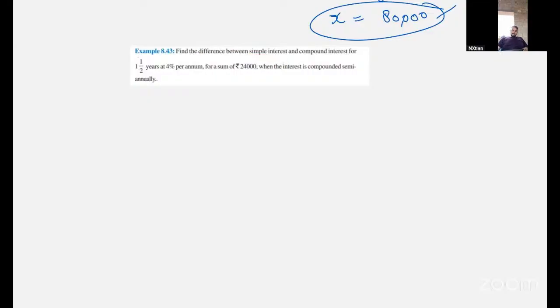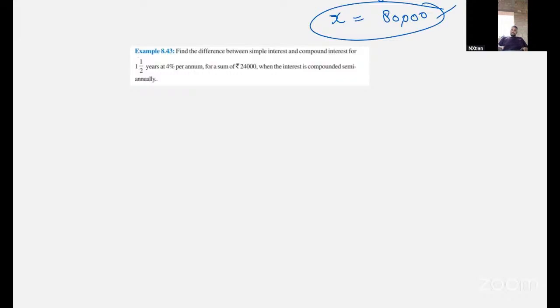Find the difference between simple interest and compound interest for 1.5 years at 4% per annum for a sum of 24,000 when the interest is compounded semi-annually. We have to find the difference. So we first calculate the simple interest, then the compound interest, and subtract them. Simple as that.